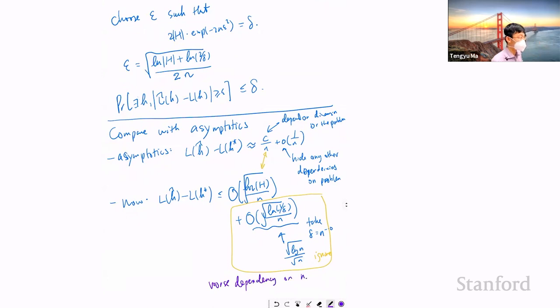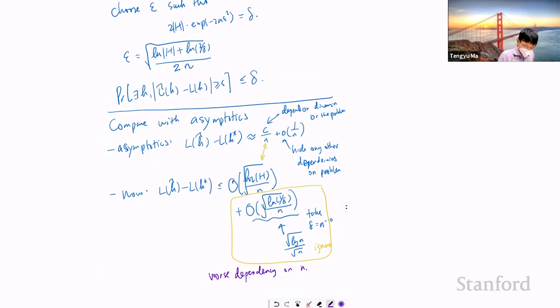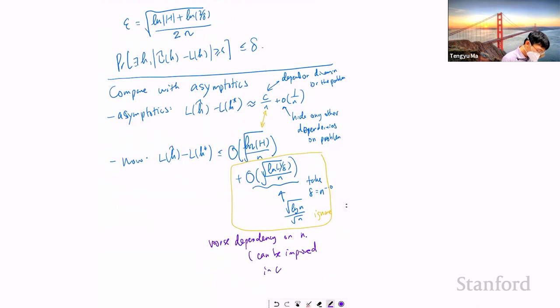Before, at least in terms of the leading term, the dependency on n was 1 over n, and now it's 1 over square root n, so it goes to 0 slower. However, this could be improved in certain cases, which we probably won't do.